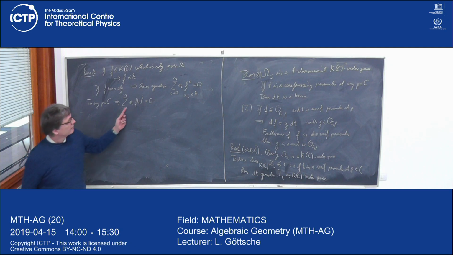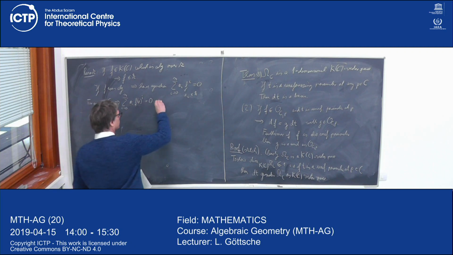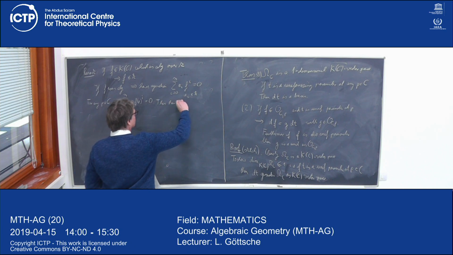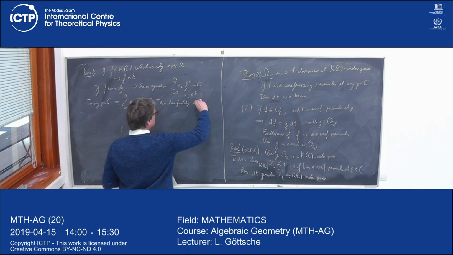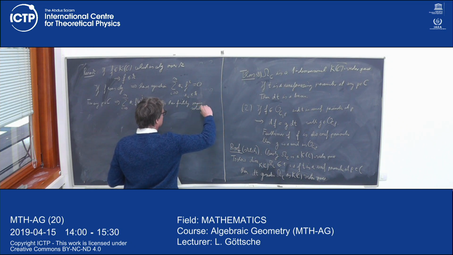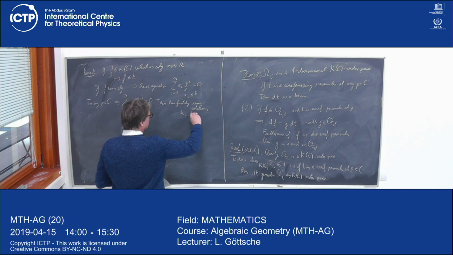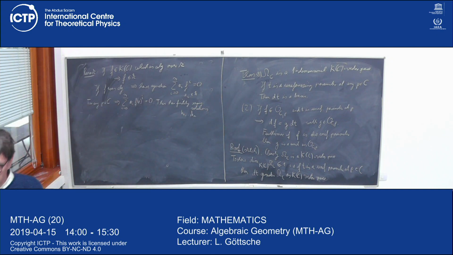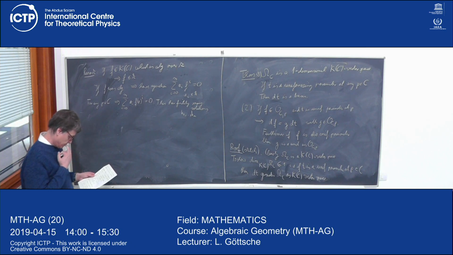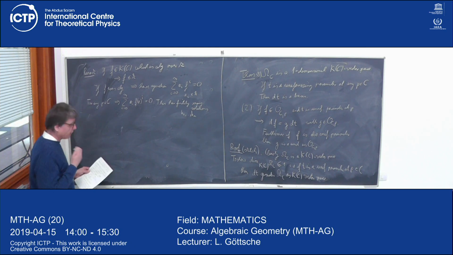So this is now a number. These are numbers. So this is an algebraic equation in one variable for f of p, a polynomial of finite degree. This has finitely many solutions, b1 up to bs, which might also be equal.